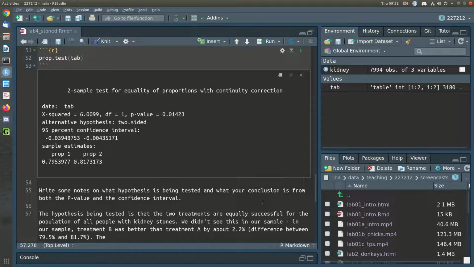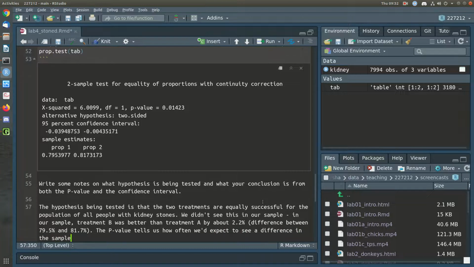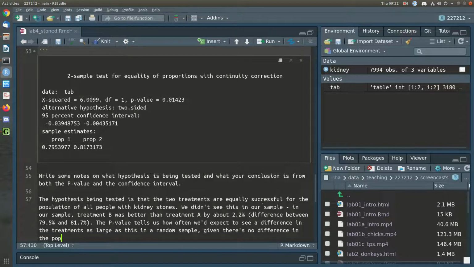The p-value tells us how often we'd expect to see a difference in the samples, in the treatments, as large as this in a random sample, given there's no difference in the population.